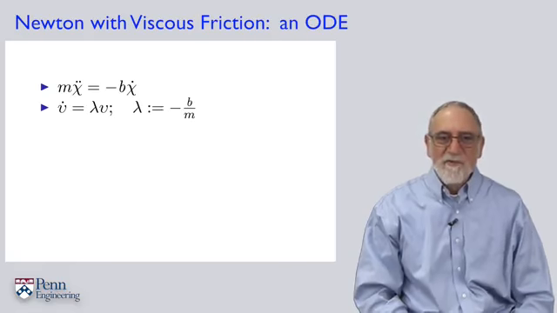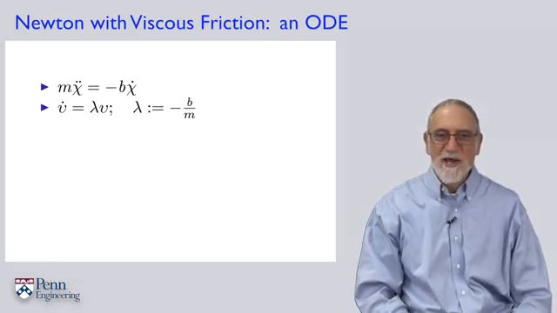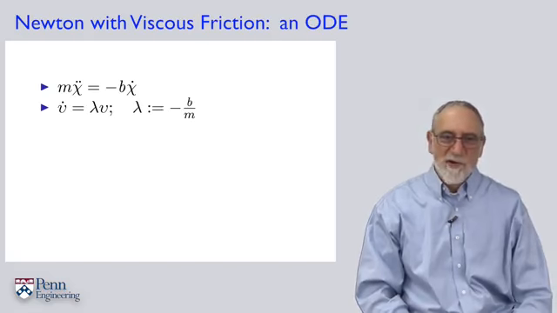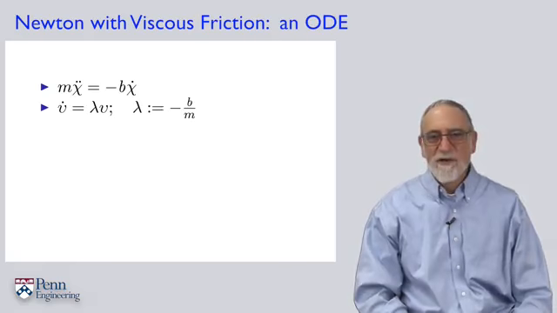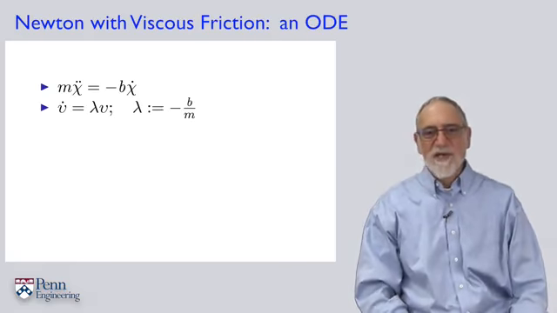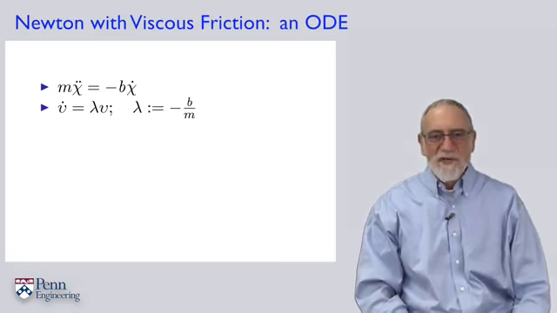Namely, if we recast chi dot as v and recast chi double dot as v dot, we realize that v dot equals lambda v is an equivalent formulation of Newton's law with viscous friction, where lambda, that we'll come to think of as the time constant, is given by the ratio of the viscous damping coefficient and the mass. I hope that you've had a little bit of an introduction to ordinary differential equations.